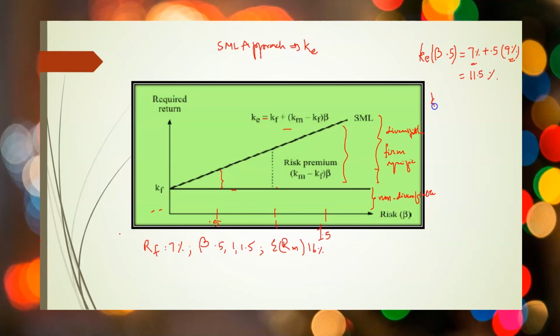If KE, that is cost of equity, when your stock beta is 1, it will be 7% as the risk-free rate plus 1 times 9% as the market premium. In that case, the cost of equity will be 16%.